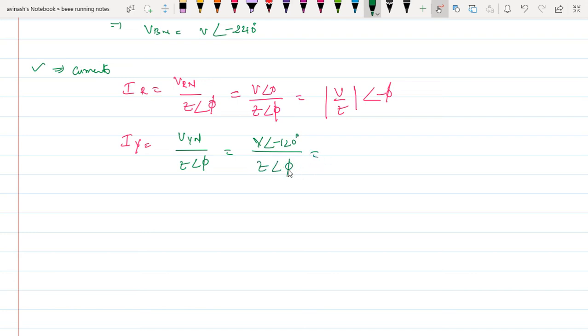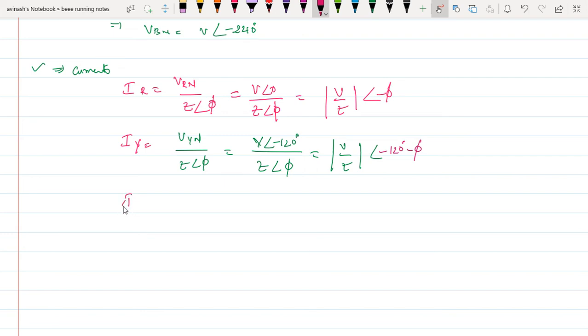If this Z denominator changes to numerator, let us consider the magnitude V by Z at an angle of minus phi, sorry. Anyway, we can write here minus phi minus 120 or minus 120 minus phi. So we get here minus 120 minus phi.